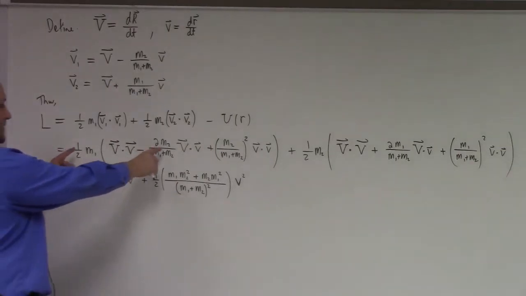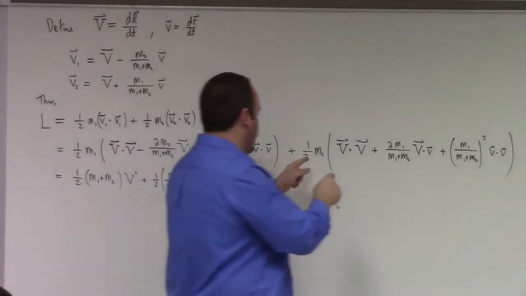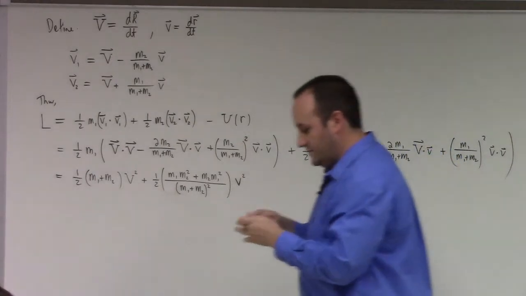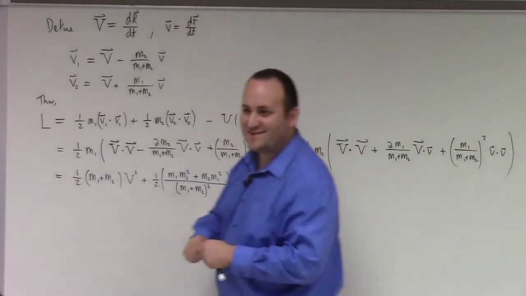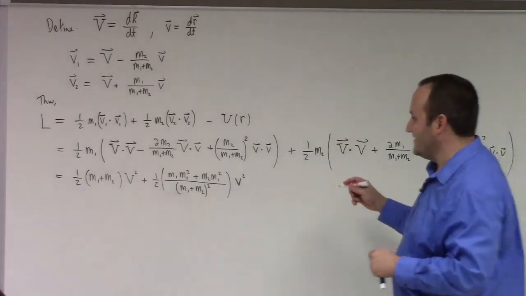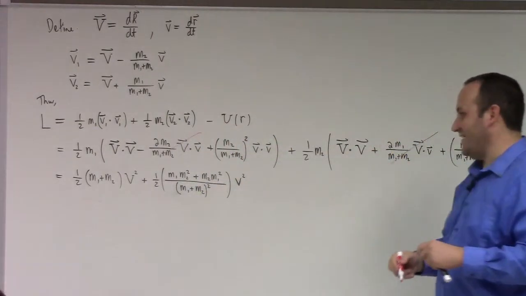Let's see here. I've got a minus m1 m2 over m1 plus m2, and over here I've got a plus. Hey, awesome. That's why center of mass coordinates, by the way, are what they are, which is worth looking at.